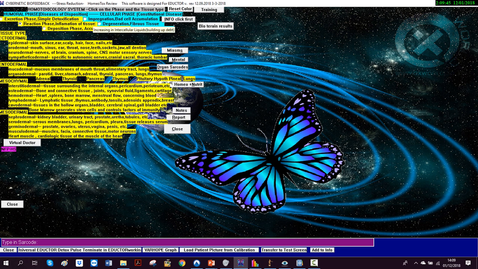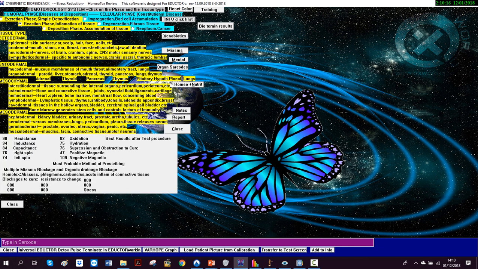And then there will be a cellular phase, where the problem can start with the toxicity, with the impregnation of cells, and then the degeneration of some organs, and then could be the cancer. In here we have this dot on the inflammation. That means that right away we know that there is toxicity in this client.